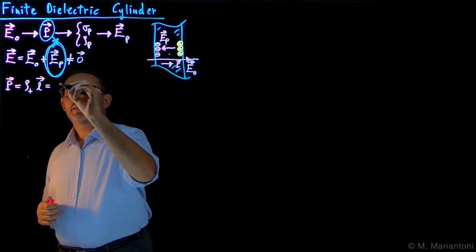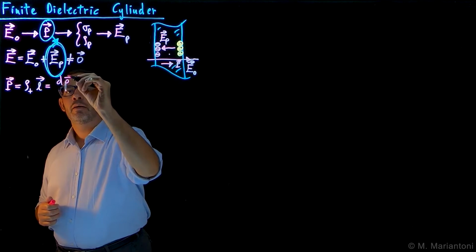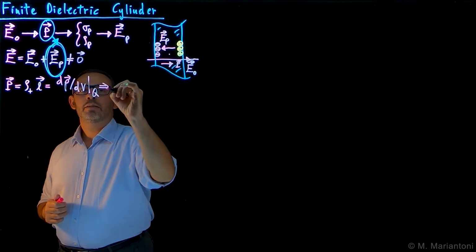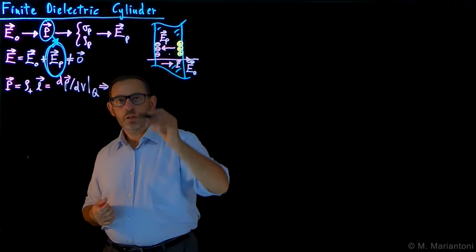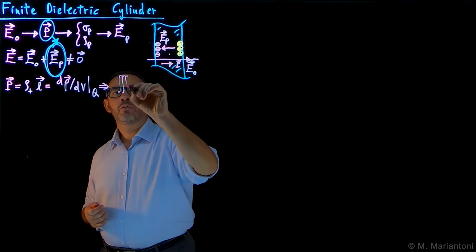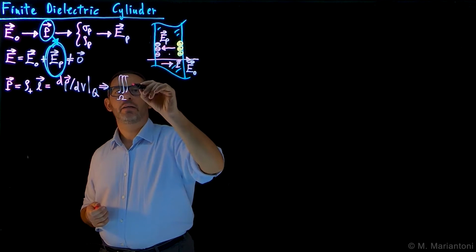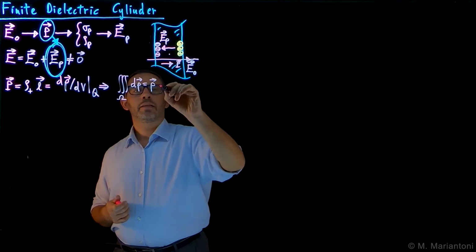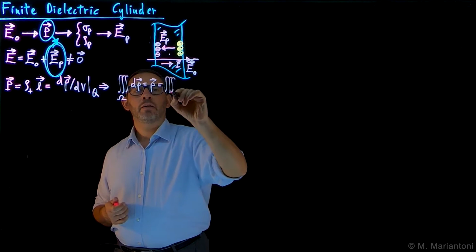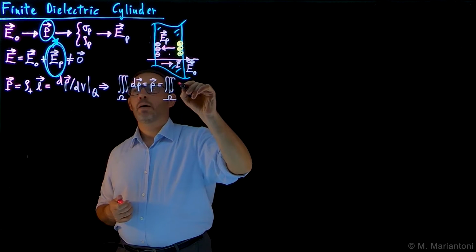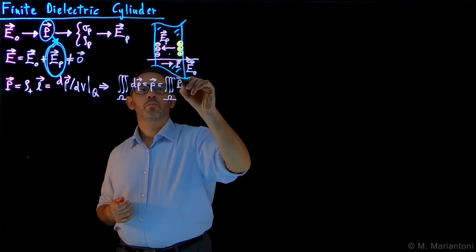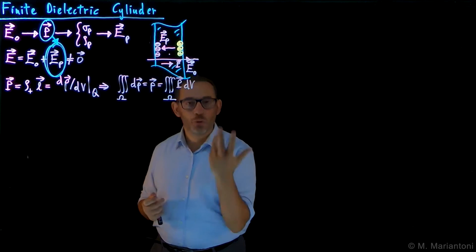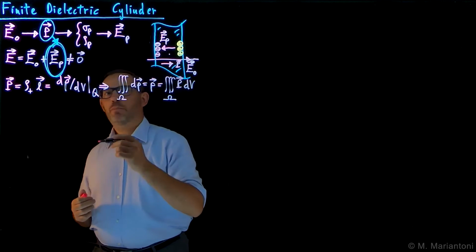We know that this is actually dp divided by dV calculated at Q, which means we can, by integration, find that the integral over the region where the dielectric material is defined of dp, which is equal to small p, has to be equal to the integral in the region capital omega of capital P dV, okay?